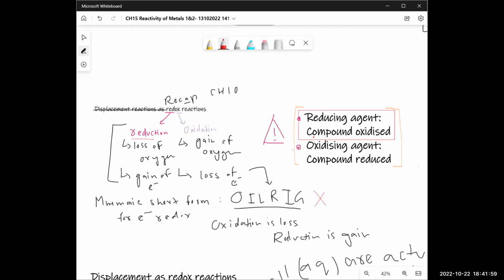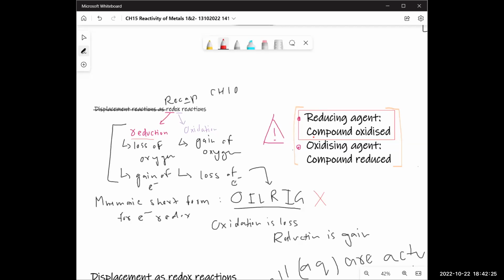Reducing agent is the compound oxidized. So whatever is oxidized is called the reducing agent. It's like sacrificing itself, like, okay, I'm going to get oxidized. Isn't it like the opposite of the definitions of reduction and oxidation?